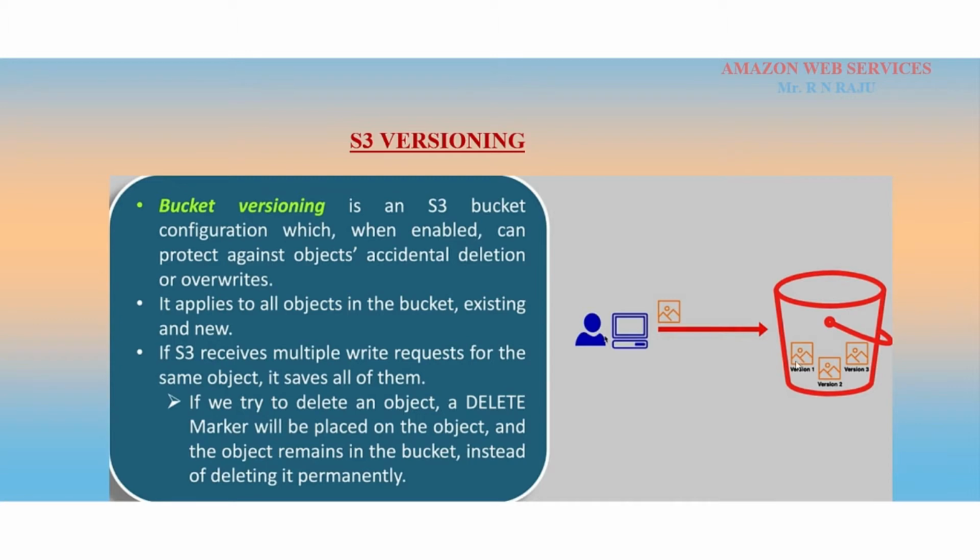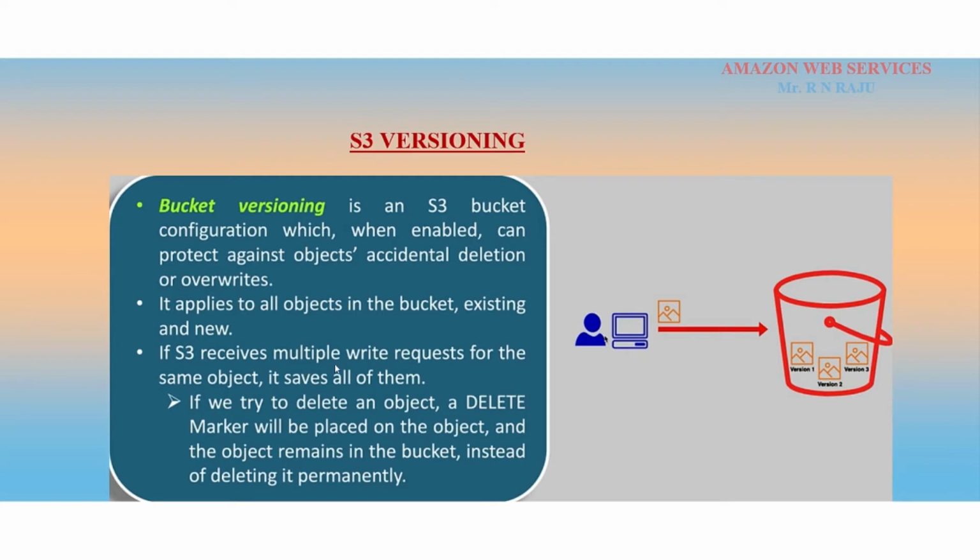Then here are version 1, version 2 and version 3. Within a bucket you maintain multiple timestamps of your file. That is called versioning.